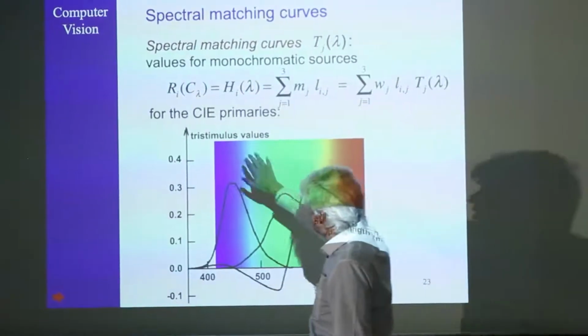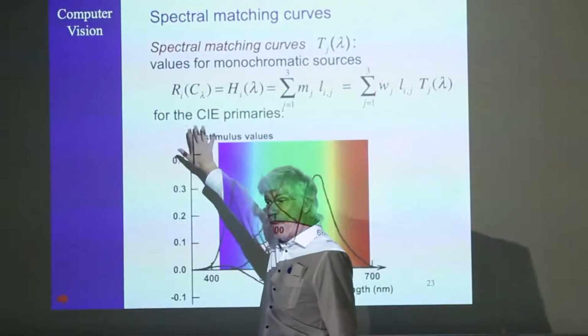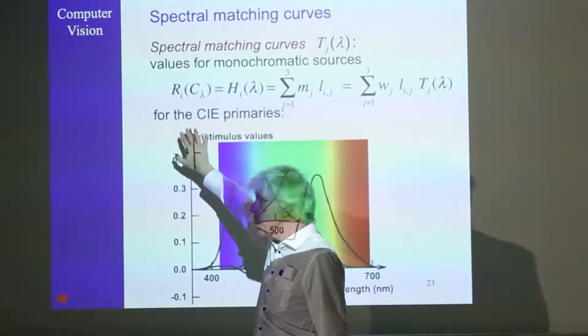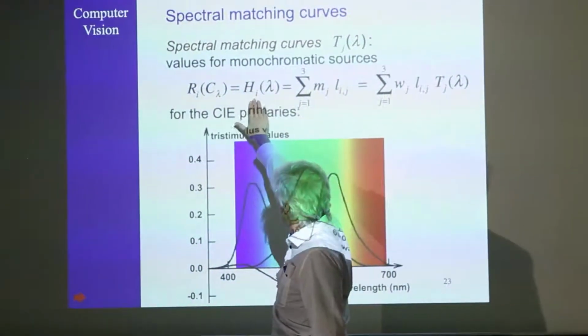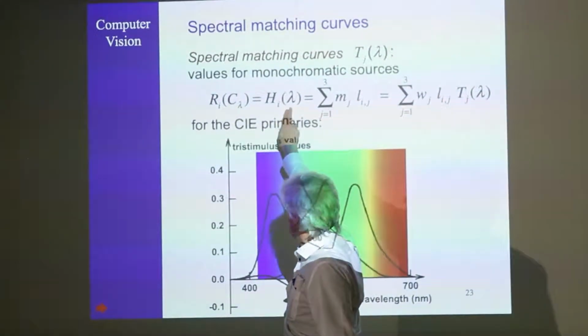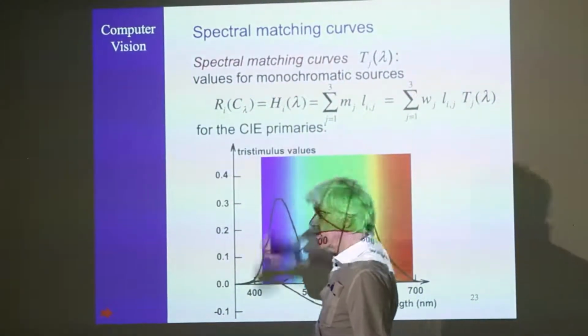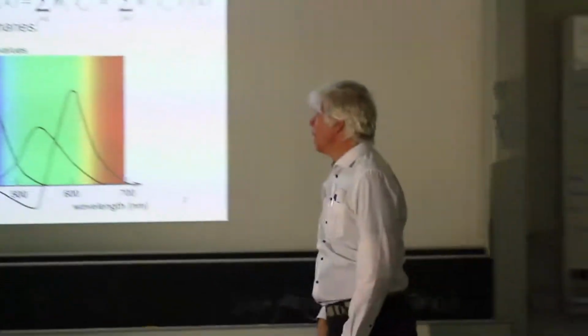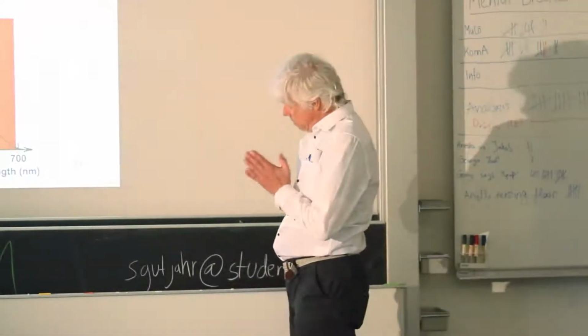Notice that in this case, the response of our visual system to a monochromatic light source is just the value of each of the cone response functions for that particular lambda, for that particular wavelength.